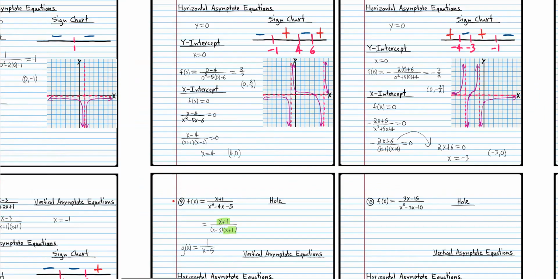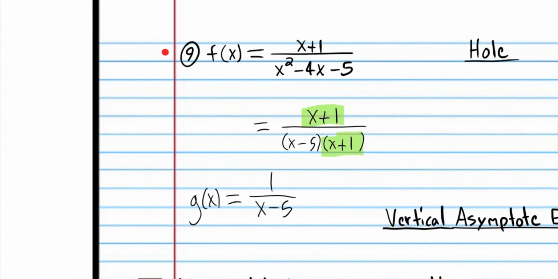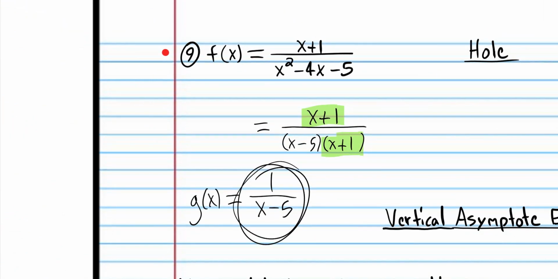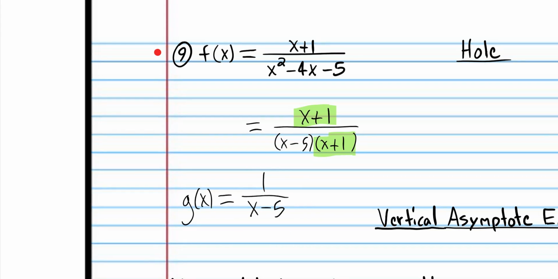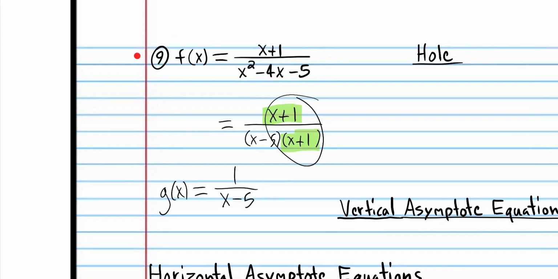So now we have this new function, which is not exactly the same as the other function, but it'll help us to graph. And what this indicates is a hole. What makes the green factor 0? -1. So there's going to be a hole on the graph at -1, because if you plug in -1 to this function, you get 0 divided by 0. That doesn't have any meaning.